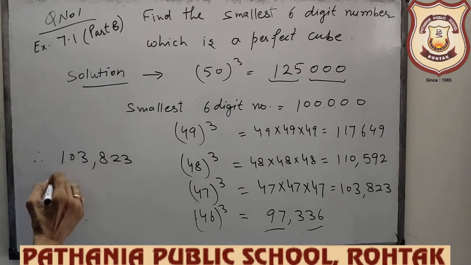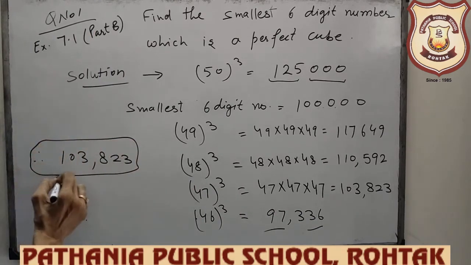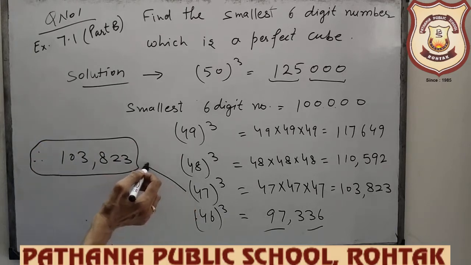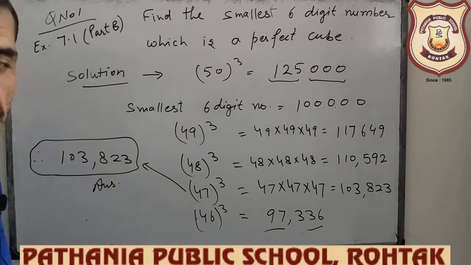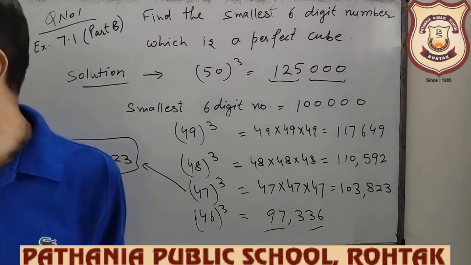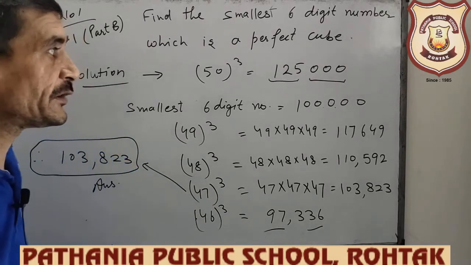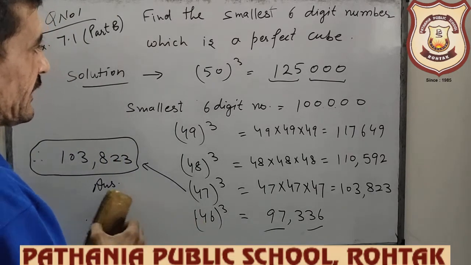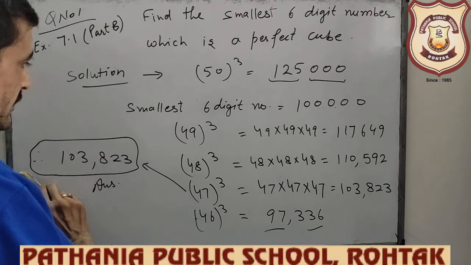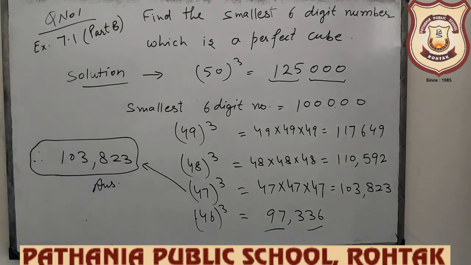That is the cube of 47. So this is the answer. There is no particular method to solve these types of questions. You can only try and try until you get the answer. So, is it clear?